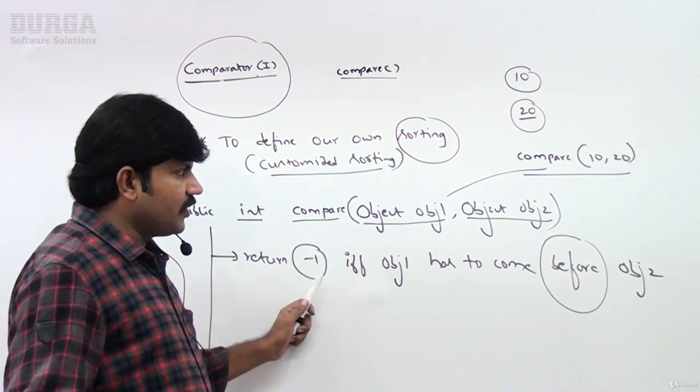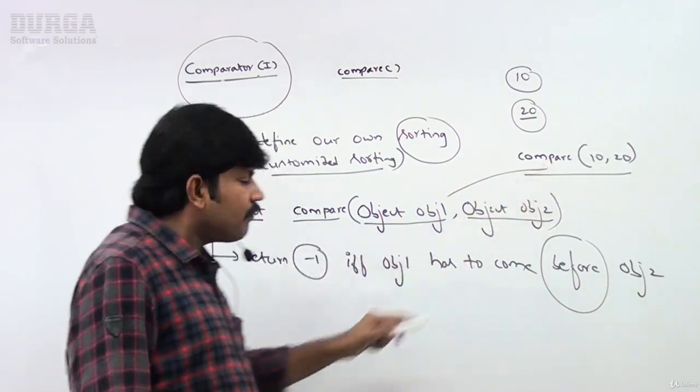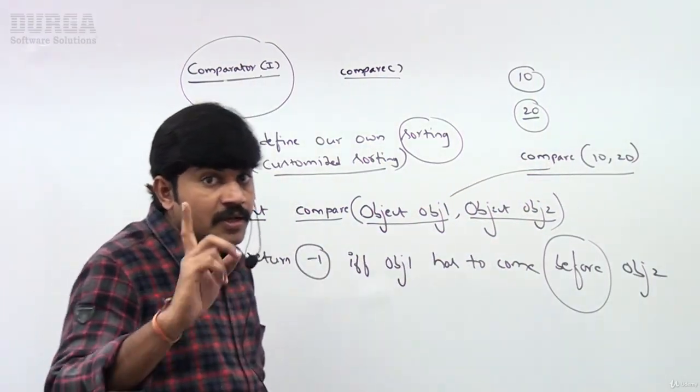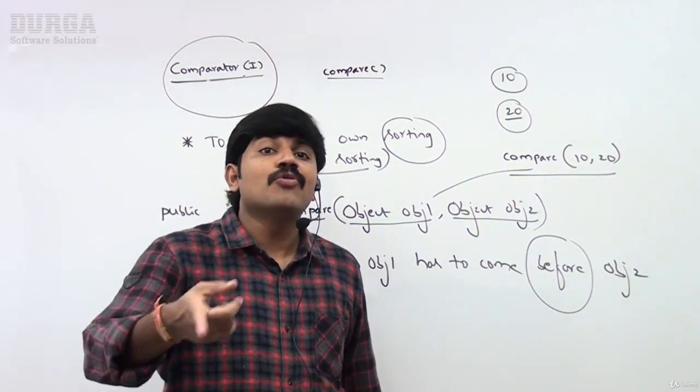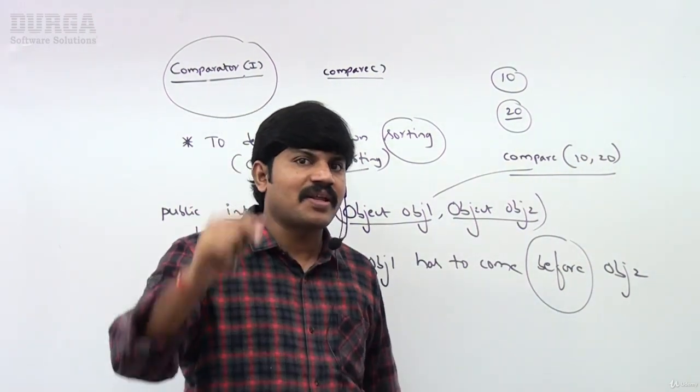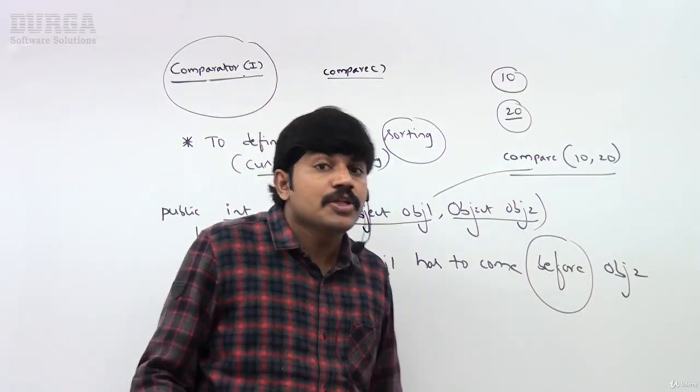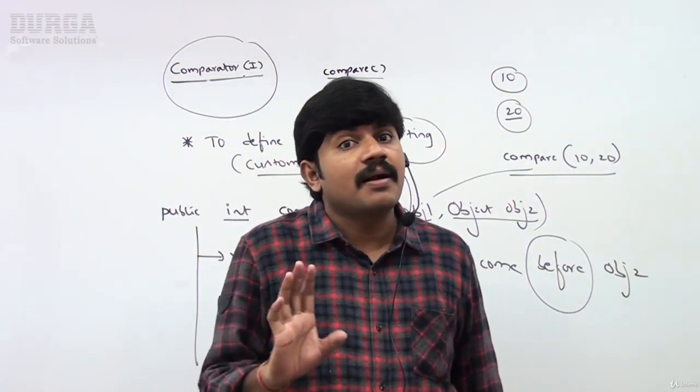The JVM is always going to call the compare method. If the compare method returns -1, it places obj1 before obj2. So this is how the JVM decides sorting order internally: it calls the Comparator compare method.